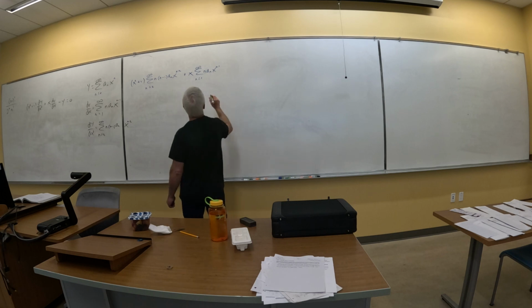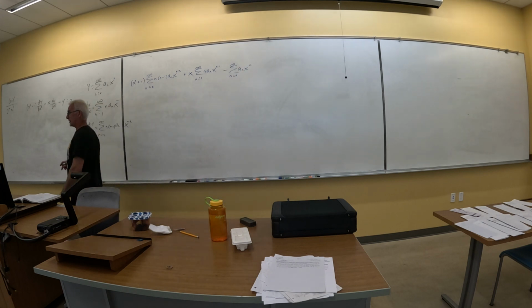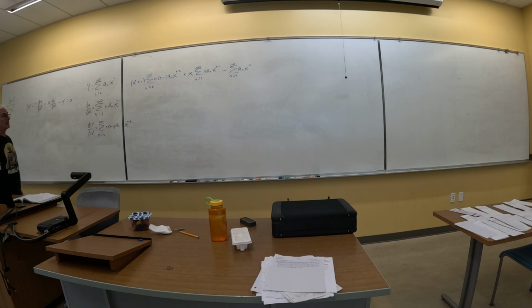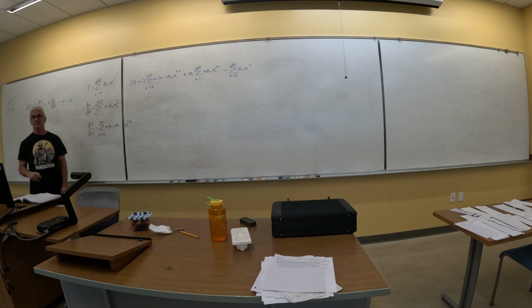And then the last one is just... Now if I could combine all these I would. I can't yet. But a lot of these are going to combine really well, aren't they? Because in the first one I have an x squared times an x to the n minus 2, and in the next one I have an x times x to the n minus 1. Those are going to be great. That's going to be the problem child, that guy right there. We'll deal with it.